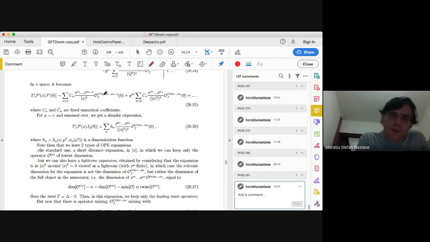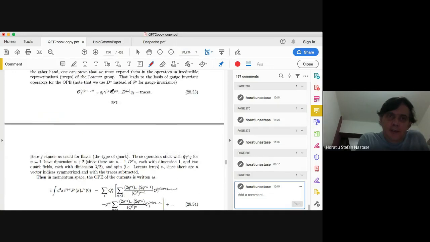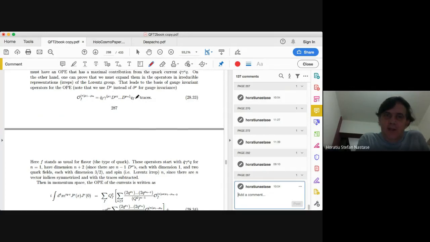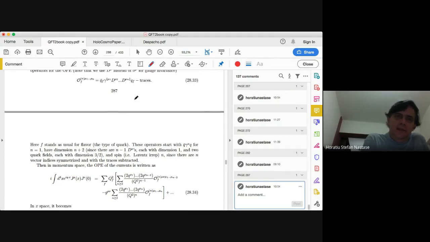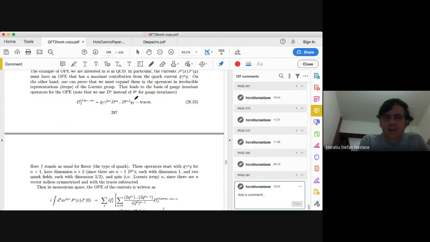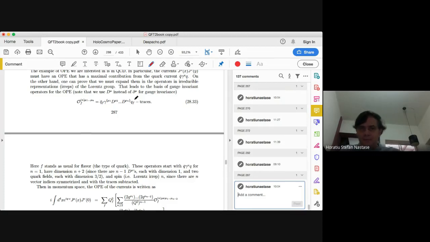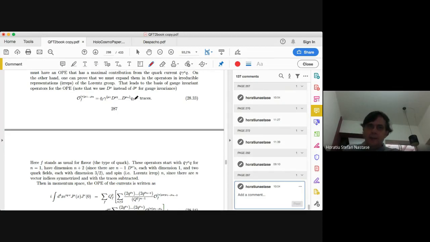If I put mu equal to nu in the operators in here, it corresponds to some d slash, but then d slash acting on q will give, via the equation of motion, some mass of the quark times q.